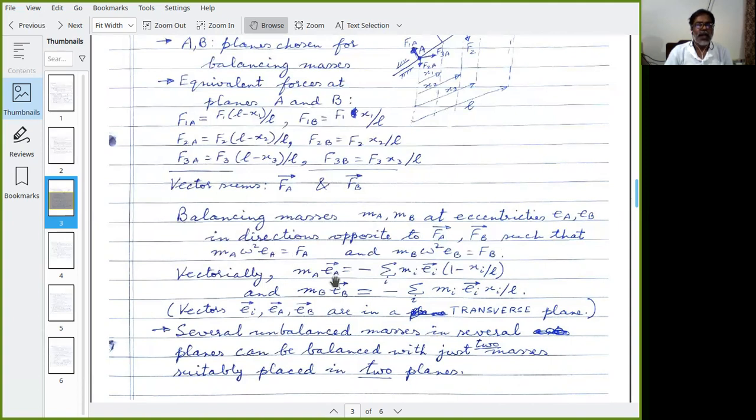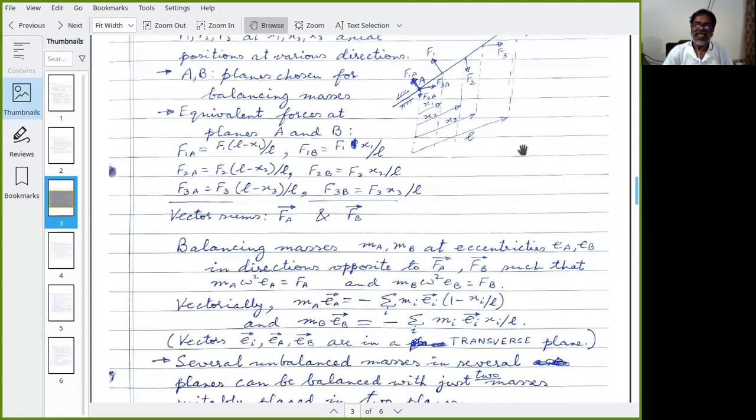Vectorially, you could say that MAEA would be the sum of all these, and similarly MBEB. And this is just like internal balancing in these two planes separately, considering these equivalent forces.